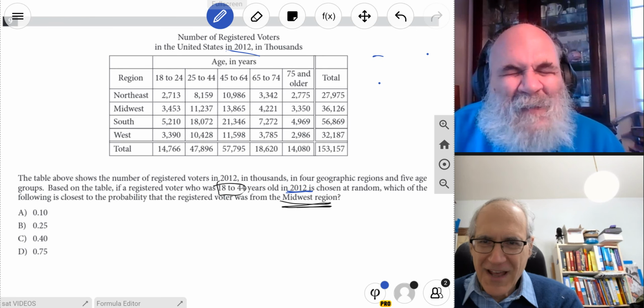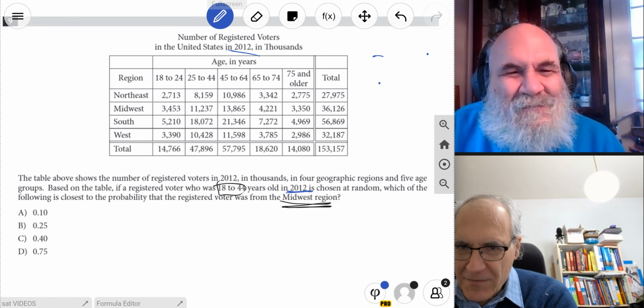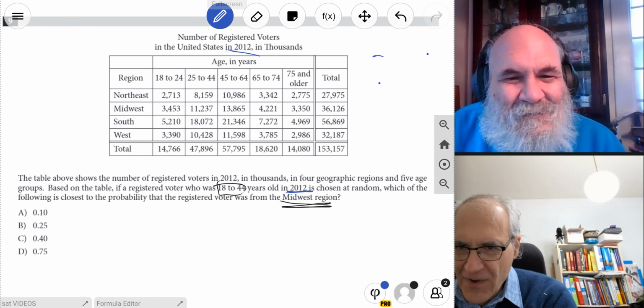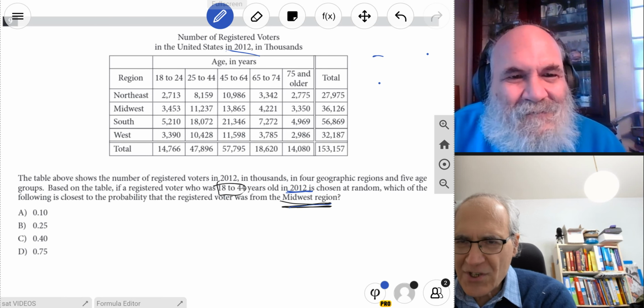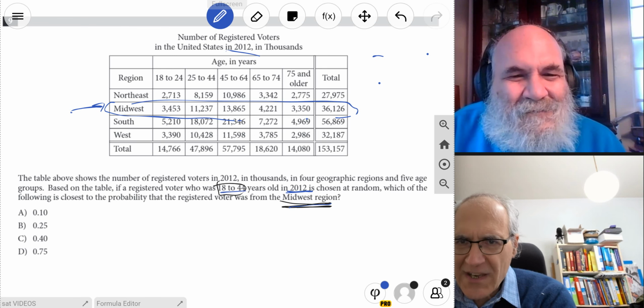I am getting to that. Which of the following is closest to the probability? It's from the Midwest region. This is the Midwest region. Based on the table, if a registered voter was between 18 and 44, that's these two things.